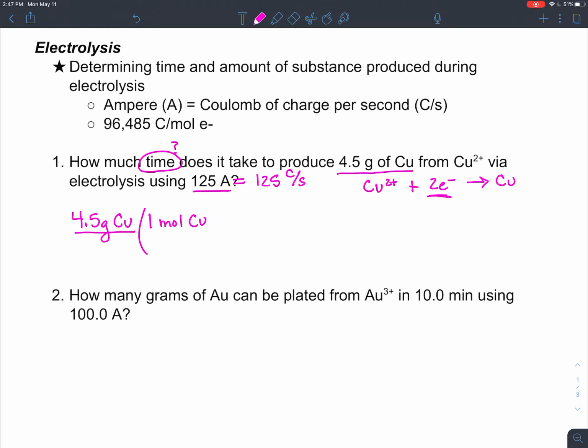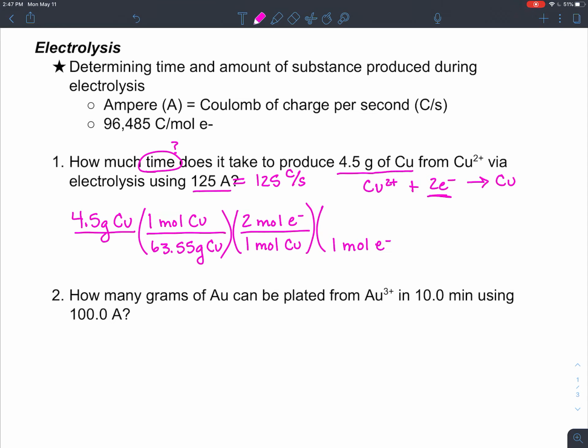For every 1 mole of copper, we know on the periodic table that there are 63.55 grams of copper. And for every 1 mole of copper, we have those 2 electrons, so 2 moles of electrons being transferred.